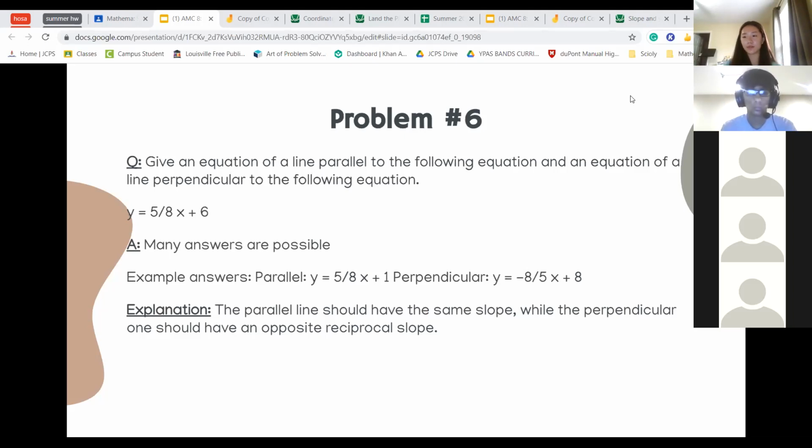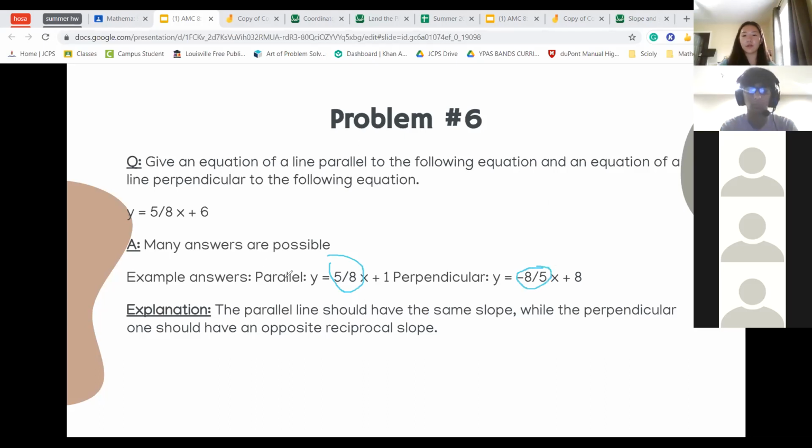So where did I get the +1 and +8? That's just an example answer. Basically, the only part of this answer that is required is the slope. So these slopes are the correct slope.